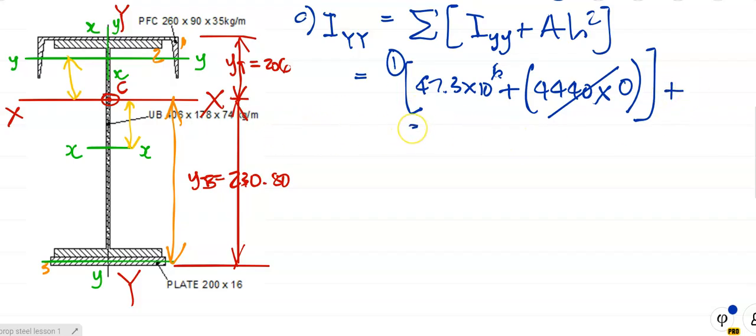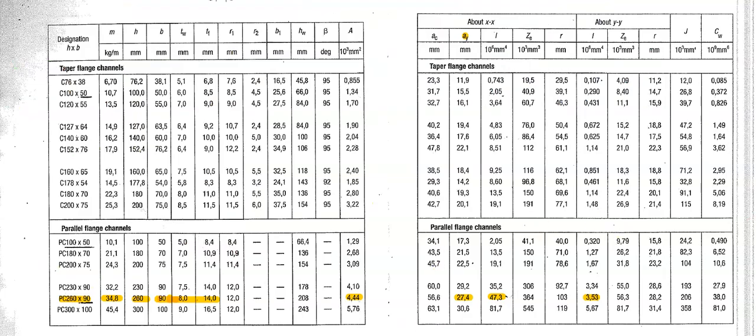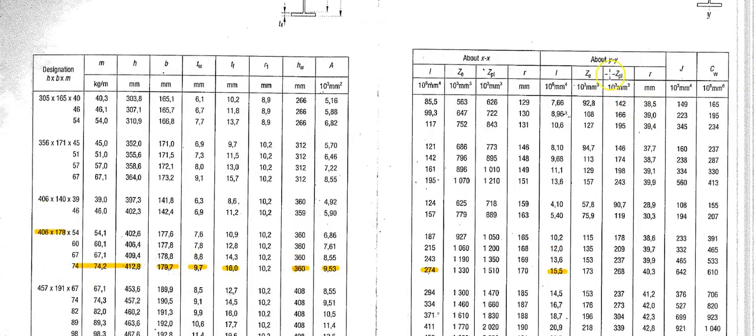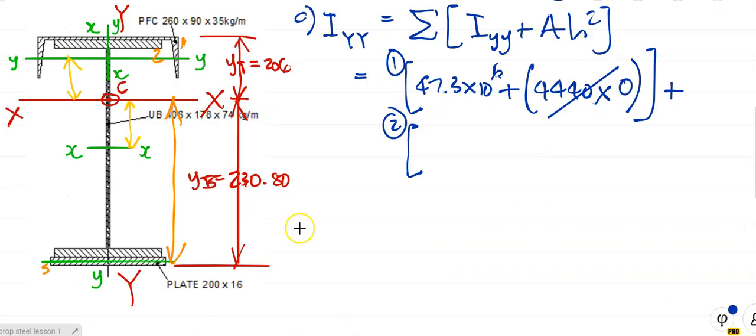Plus, I'm doing element number 2. It's IYY for the I section. I don't work it out, I go to the tables where my I section is sitting, and there's my IYY, and it's 15.5 times 10 to the power 6 millimeters to the fourth. So it's 15.5 times 10 to the power 6, plus its area, the area 9530, times h.